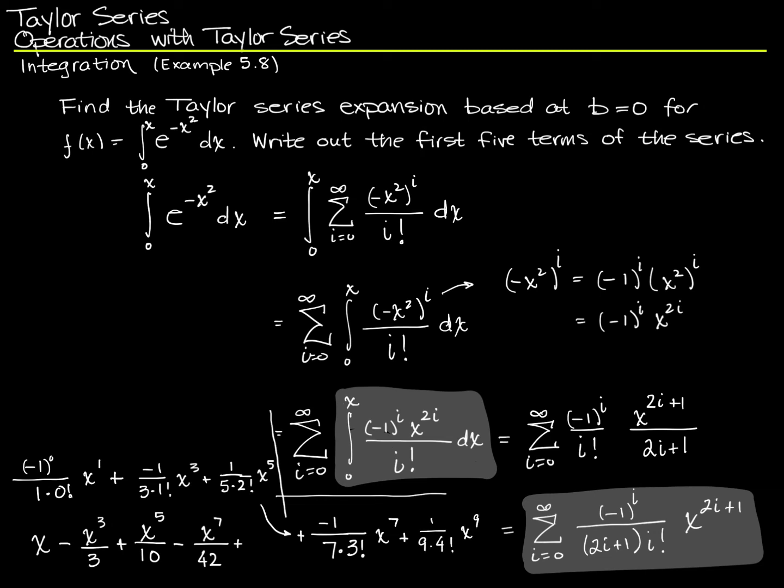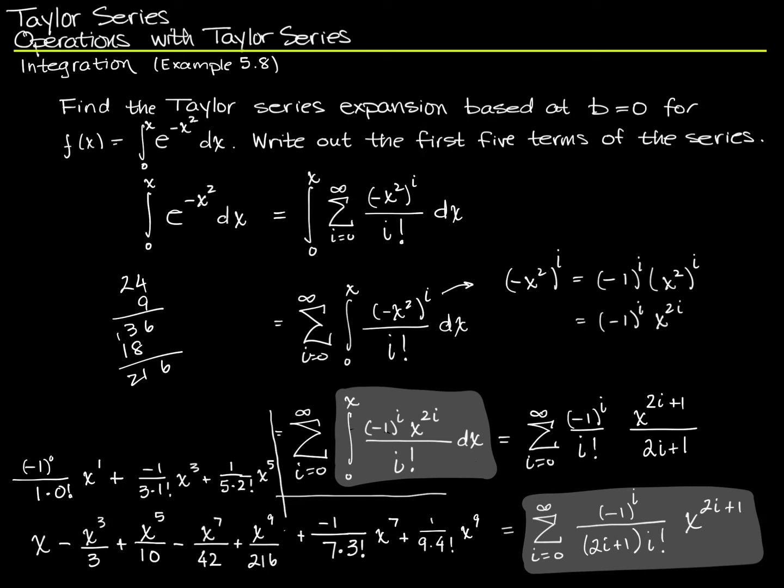So I'll get a plus x to the 9th over, well, 3 factorial was 6, so 4 factorial is 4 times that. That's 24. 24 times 9, off the top of my head, I don't know. 4 times 9 is 36. 2 times 9 is 18, so that's 180. So 6, 11, 216. So I have over 216.